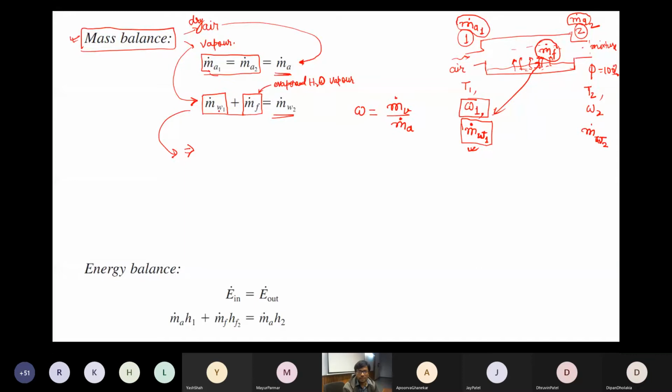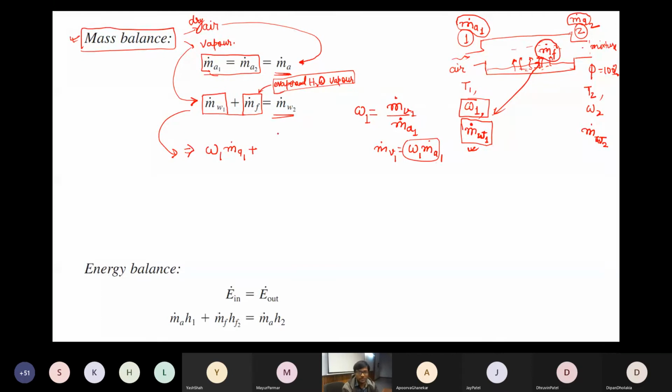So mass of vapor or water can be written as omega times mass of dry air. We can write that. So let's write this, omega 1 if I'm talking about state 1. Omega 1 m dot a1 plus evaporated vapor. Can somebody tell me what I should write there?